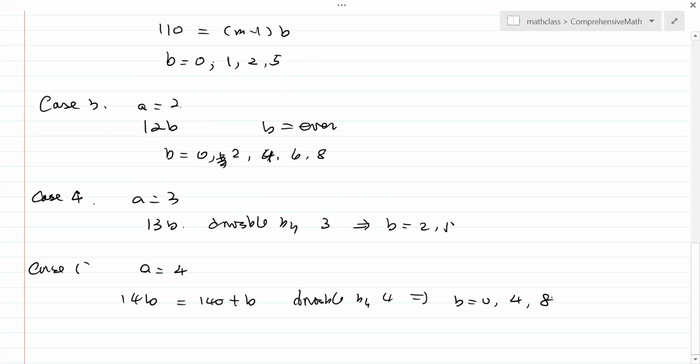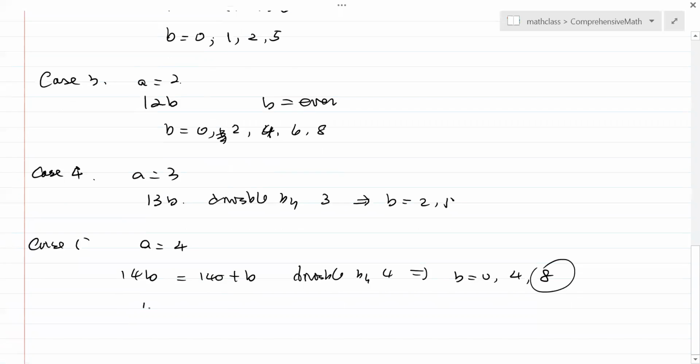B equals 8, but if B equals 8, that is impossible. B equals 4 is fine. 144 is divisible by 4, but 8 should be excluded. 148 is divisible by 4, but it's not divisible by 8. So that's why.